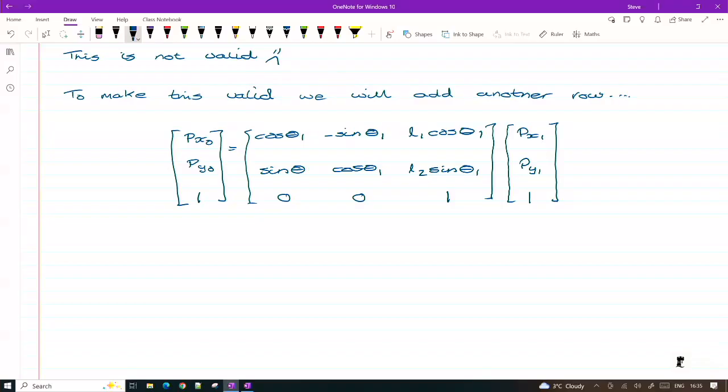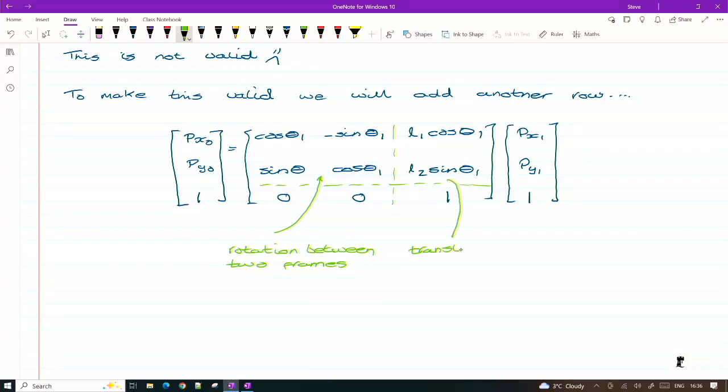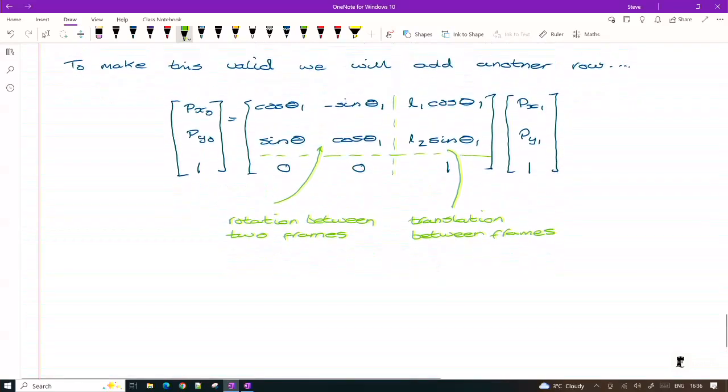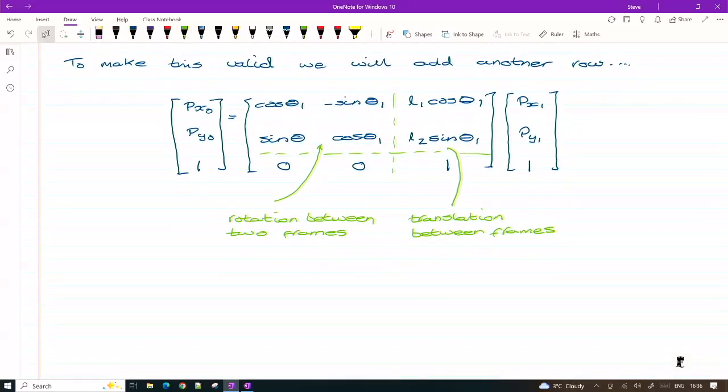And that matrix approach contains both the rotation and translation between two frames in our problem.